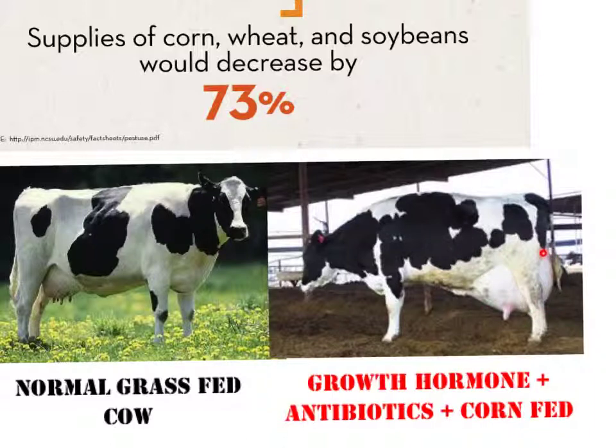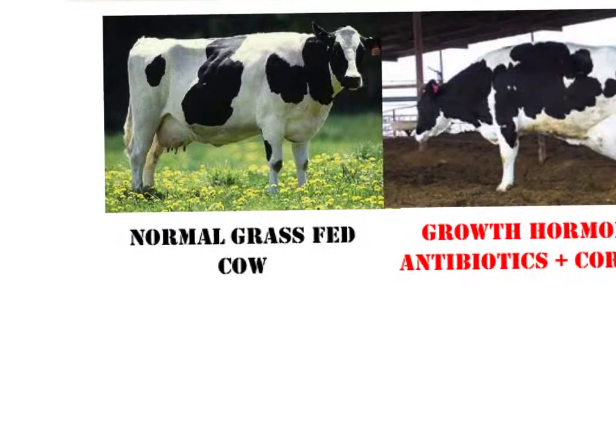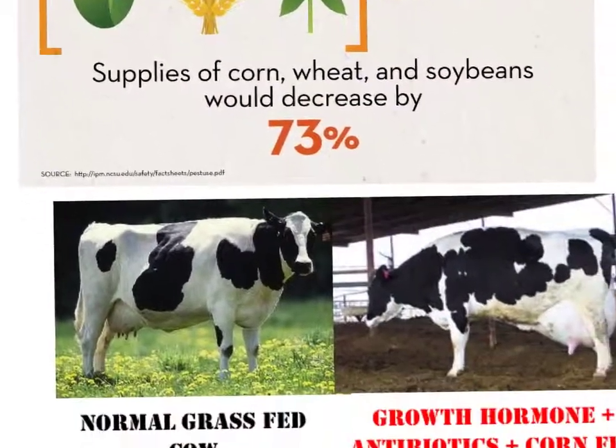It also fights infection within this cow, so that the cow doesn't have to divert energy into its immune system to fight infection. The infection is, if you like, fought for it by the antibiotics. Like all these things, there are tremendous advantages.